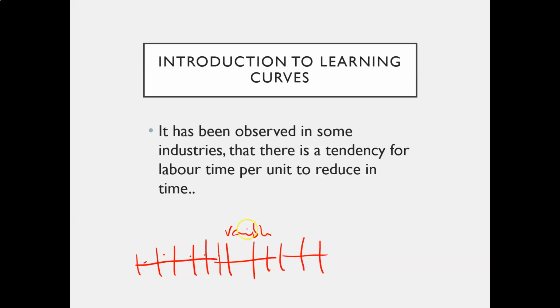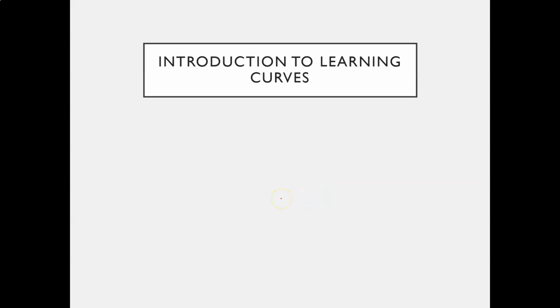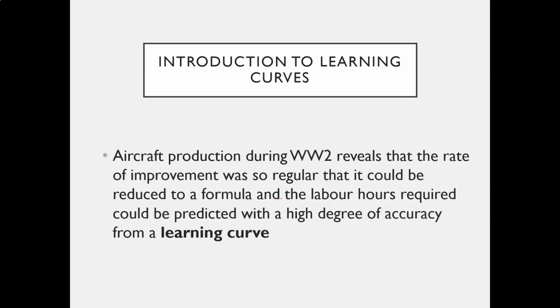We're sort of breaking that rule now and saying that it's been observed that in some industries there's a tendency for labor time per unit to reduce. That makes sense, right? As more units are produced, workers become more familiar with the task and it gets quicker. So this is almost like a breaking down of economies of scale, but this time to do with labor.